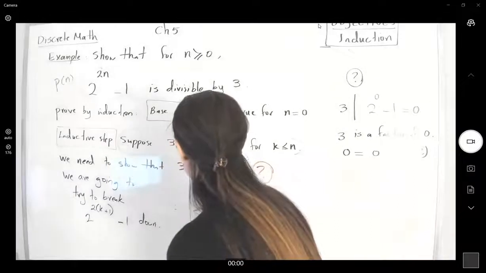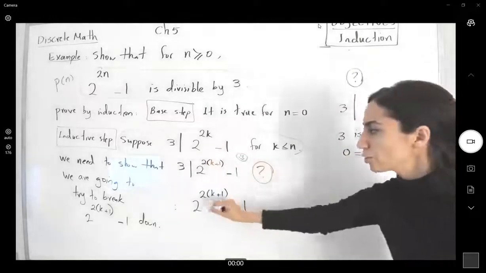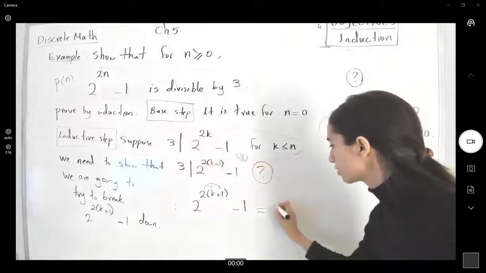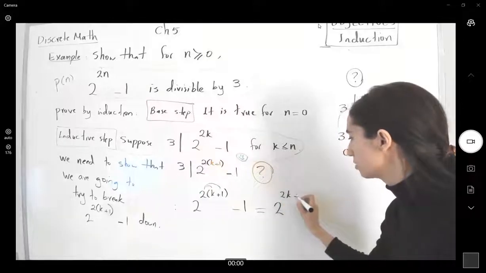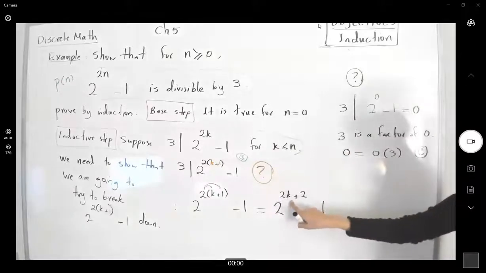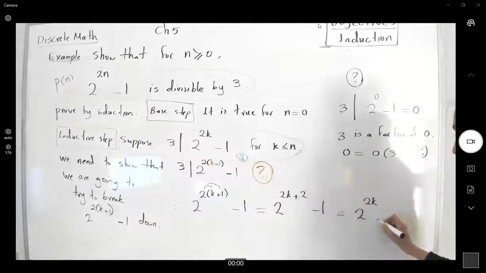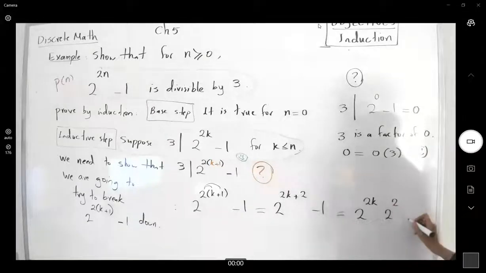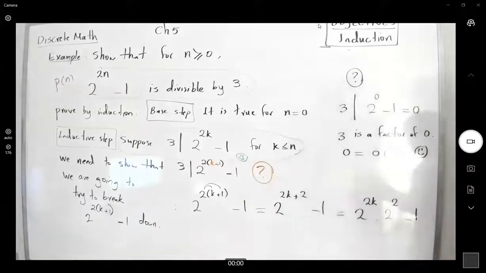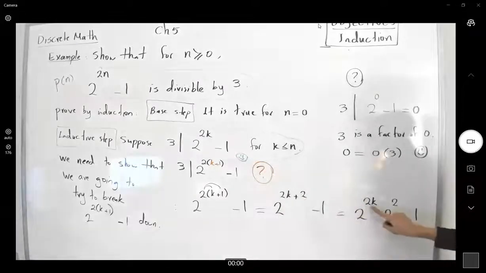2 raised to 2 times (k plus 1) minus 1 is equal to, I'm going to distribute 2 into parentheses. I get 2 raised to 2k plus 2, minus 1. This guy, you're adding the exponents. So you can break this guy down into 2 raised to 2k times 2 to the power 2, minus 1. 2 to 2k plus 2 is now 2 to 2k times 2 to the power 2.